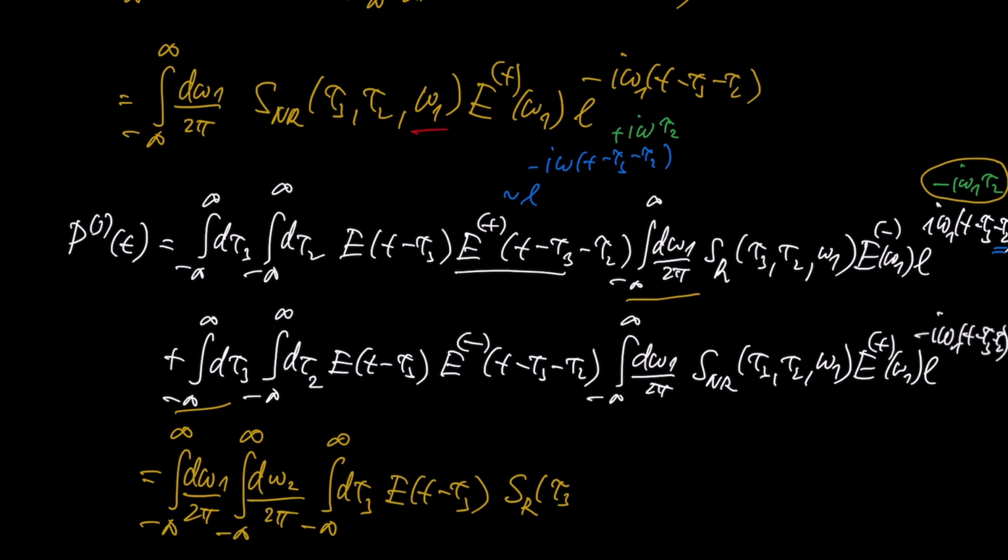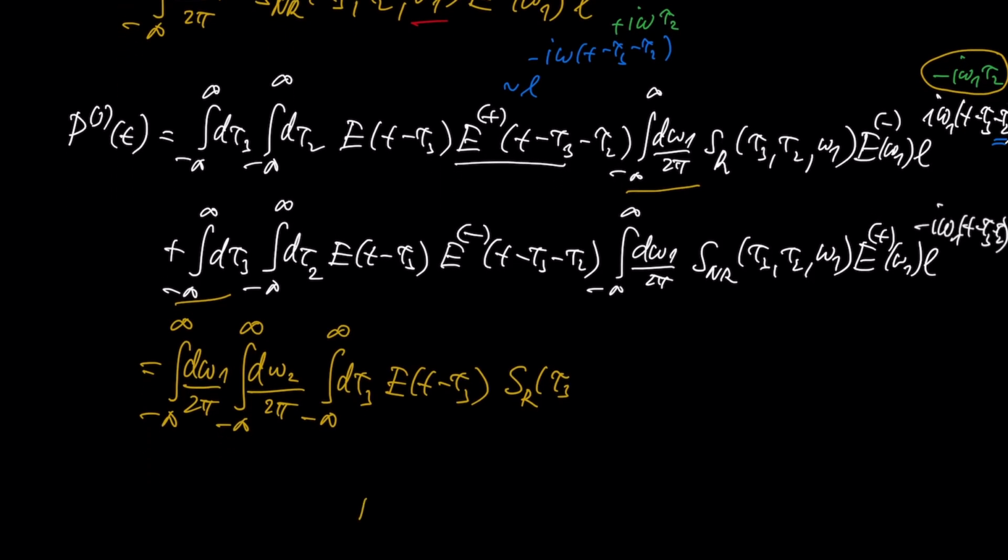So inside the E plus, that's an integral over omega 2, and there is e to the power of minus I omega 2 with the argument t minus tau 3 minus tau 2.